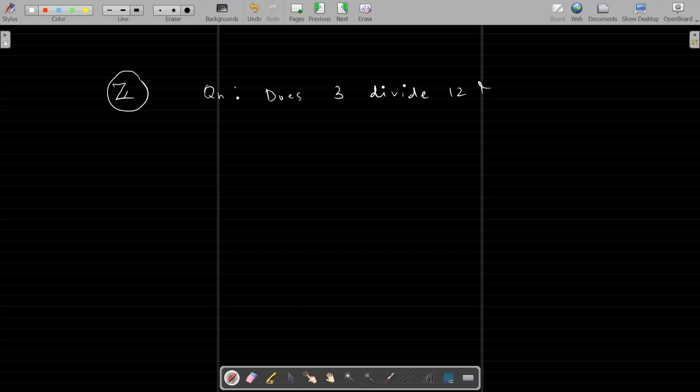Does 3 divide 12? Questions are simple. You can answer in the chat box. There are many yes here, and there is no single no. Some of you have written even the justification. So the answer is yes, 3 divides 12. Nobody has said no. We'll come to the reason why we say 3 divides 12.